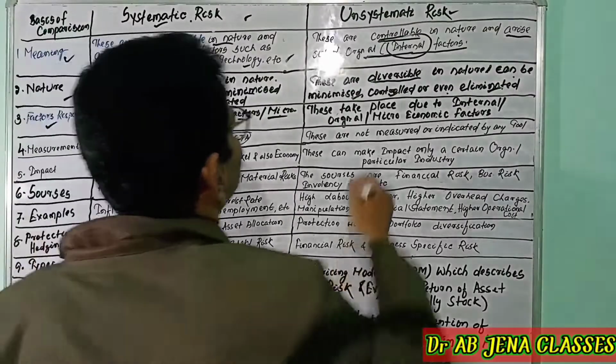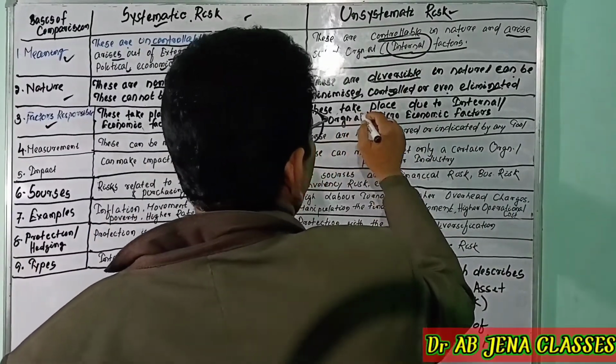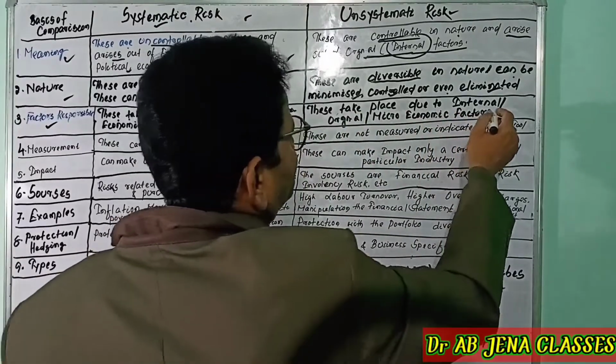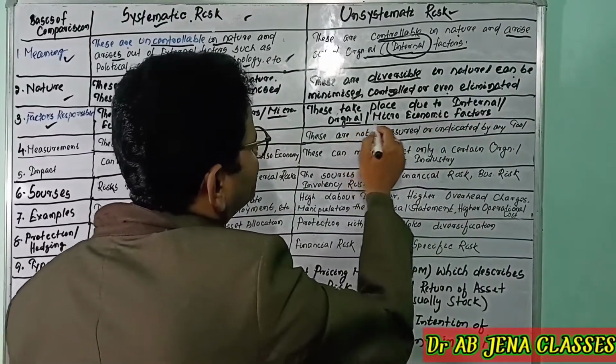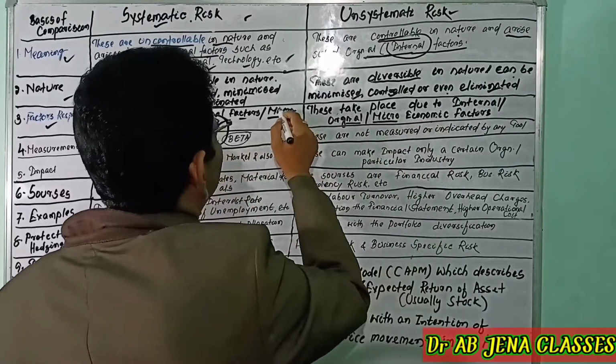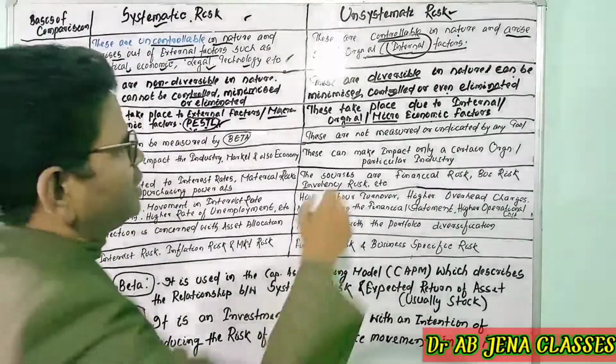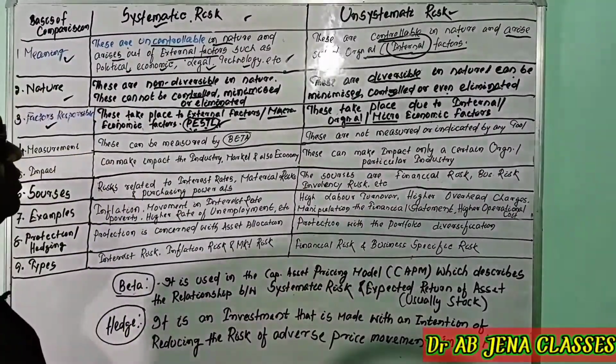Whereas unsystematic risks take place due to the internal or organizational or micro business or economic factors.